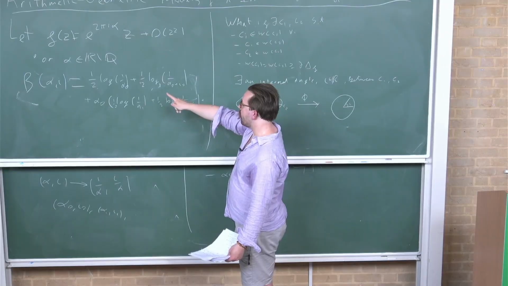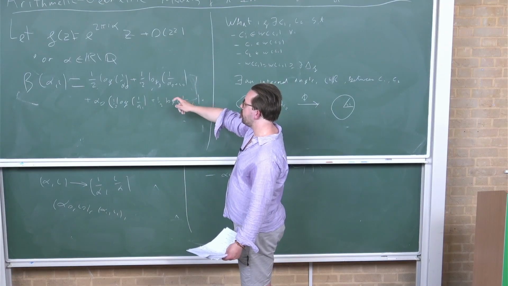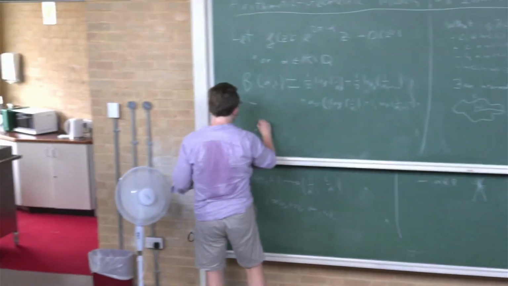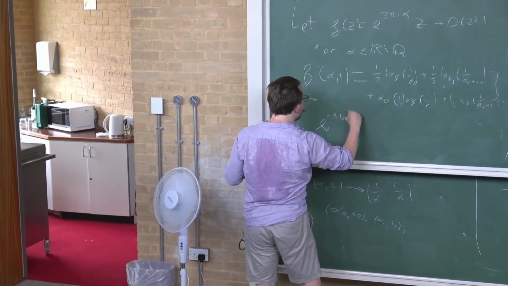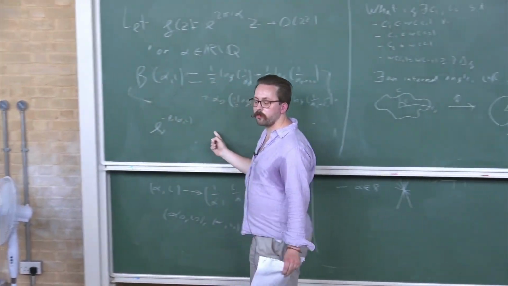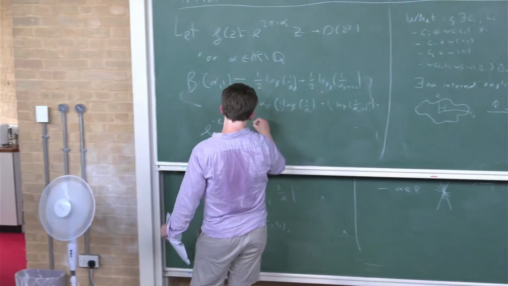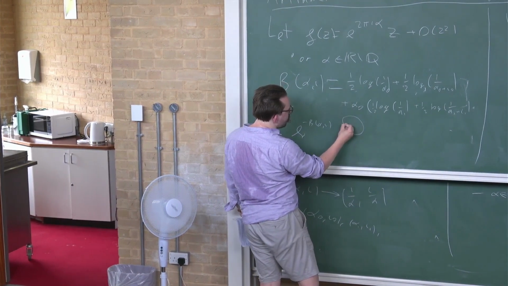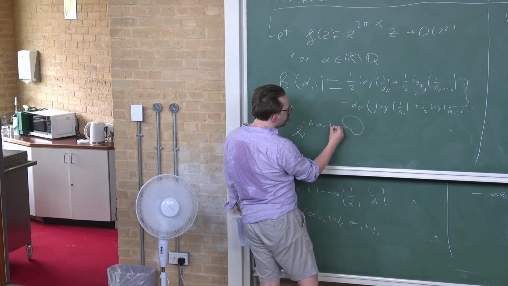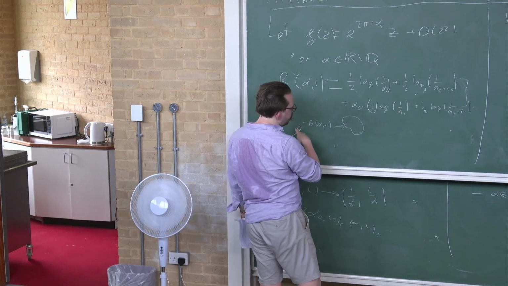And this Bruno function, if you take e to the minus B of alpha, iota, this will tell you how close you can possibly get to 0. So if you have a critical orbit, the closest approach will be roughly of that value.